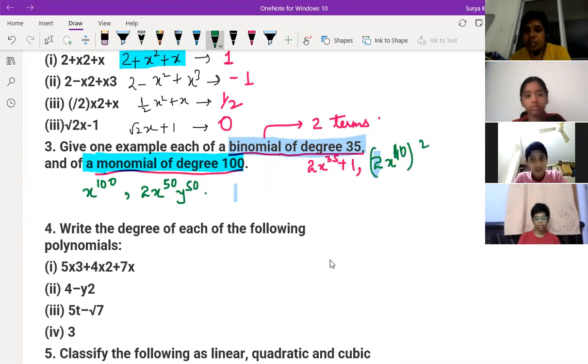No, sir, the whole power is only for x, sir. Like that. x to the power 10 whole power 2, sir. Like this.